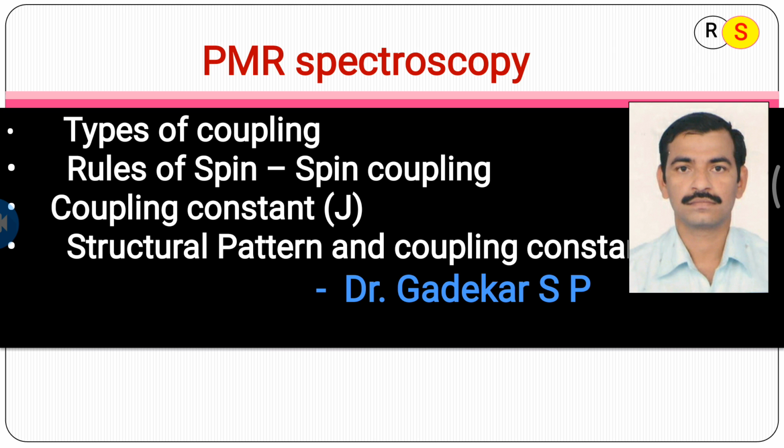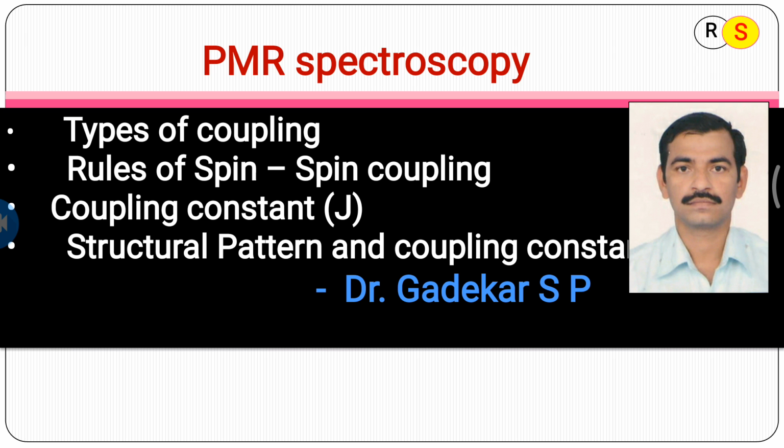If three neighboring groups, n plus 1, 3 plus 1 is equal to 4, it splits into 4. This means spin coupling depends on neighboring protons. We discussed this in the last lecture.